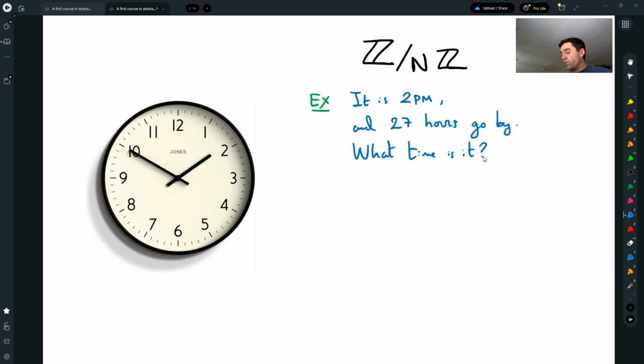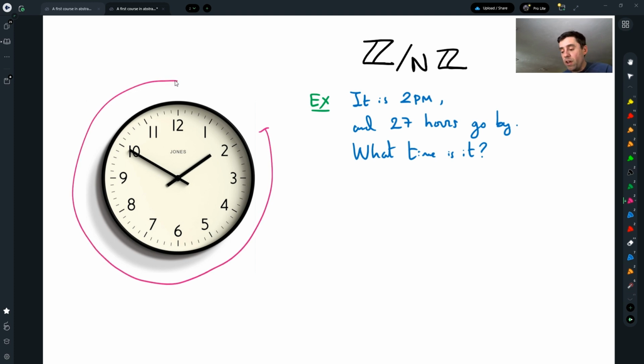Well, to keep track of time, what we do is we look at the clock and we start counting. When we go 10 hours, we reach here, and then we don't go into the 13th hour. We reset the time, it's sort of the 0th hour, and then we keep going from there.